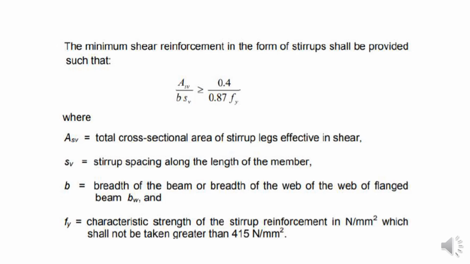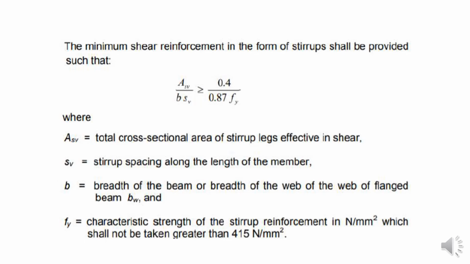The minimum shear reinforcement for the stirrups is provided. We calculate it from clause 26.5.1.6, that is Asv divided by b into Sv is greater than or equal to 0.4 divided by 0.87 fy.